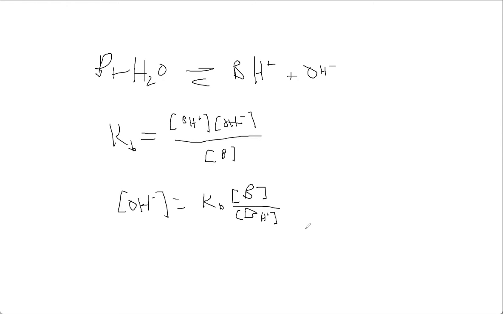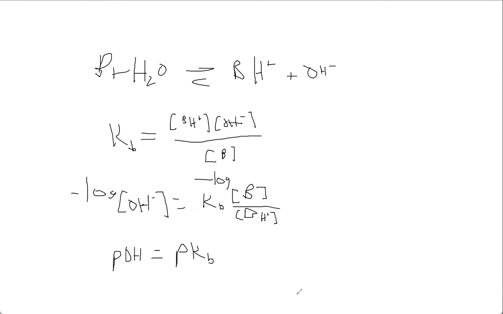All right, with me so far, everybody? Now we're going to take the negative log of each side. Negative log over here, negative log over here. The negative log of OH minus concentration is pOH. The negative log of Kb is pKb.